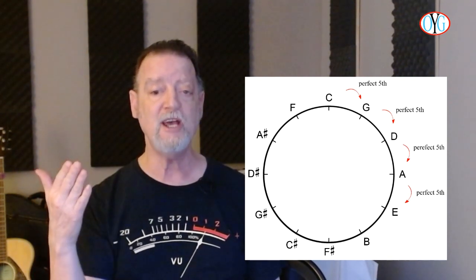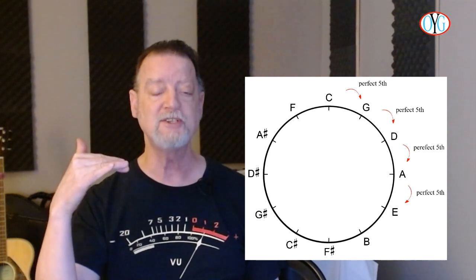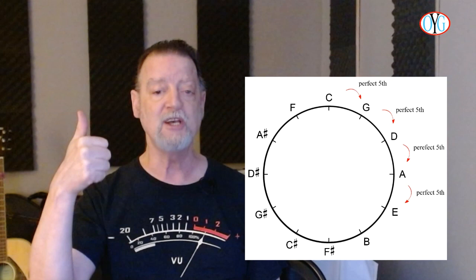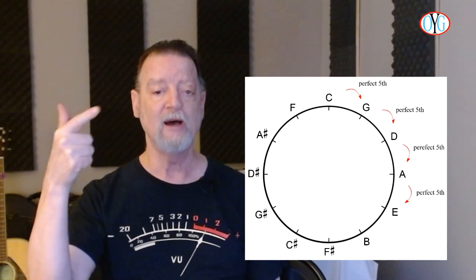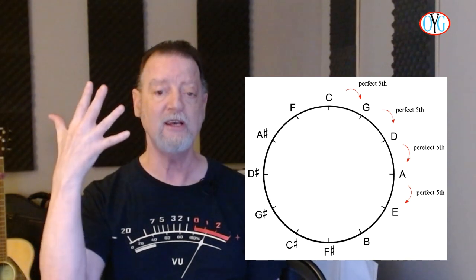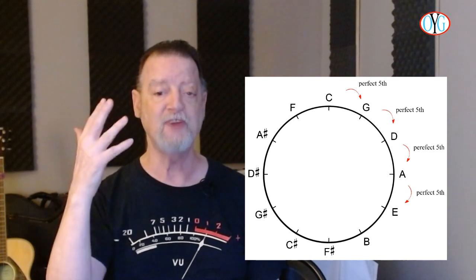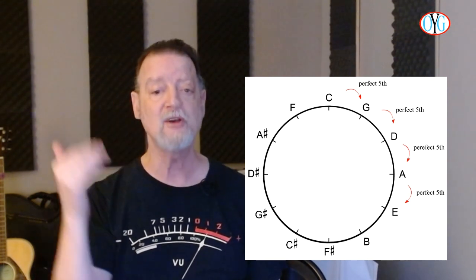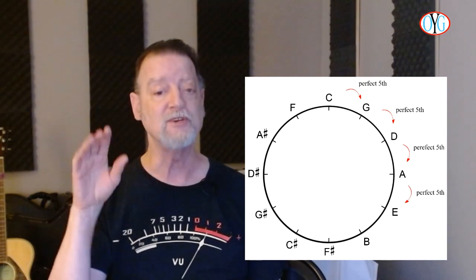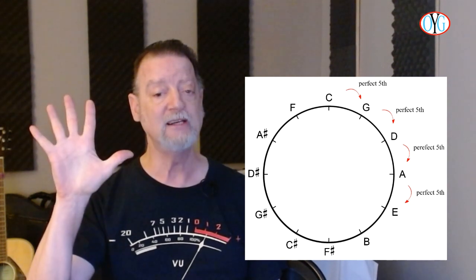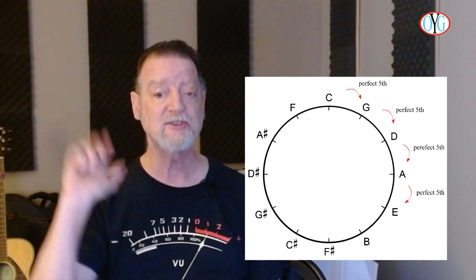Now, in G, you see we go leaping to D as the perfect fifth. If you start with G, you have G, A, B, C, D. D is the 5 tone, the 5th pitch of the G major scale. And so you see D going to A. Well, if we start with D, E, F, G, A is the 5 tone.